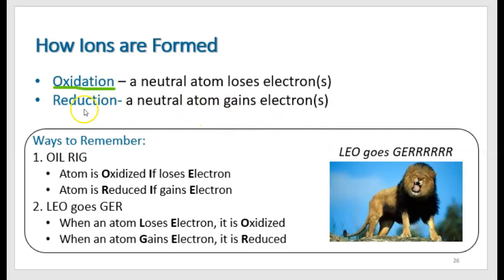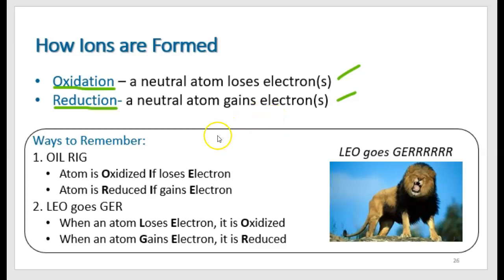When an atom gains electrons, we call that reduction. Now that's something to memorize, right? You're like, oh, I can't remember which one's oxidation and which one's reduction. I tend to remember reduction. An atom is reduced even though it gains electrons. Electrons make it reduced. I don't know how.